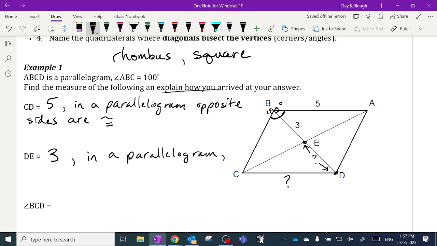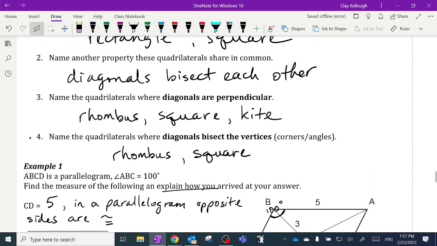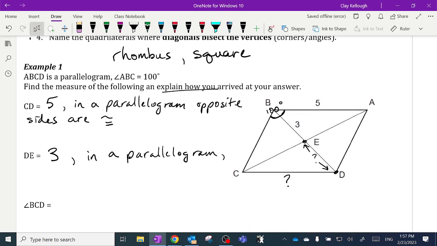What's the rule that we just used? If you go back, it's actually right there in number 2. The diagonals bisect each other in a parallelogram.